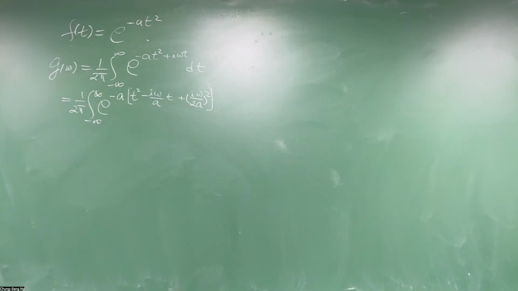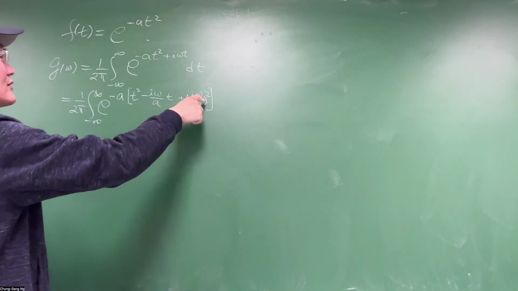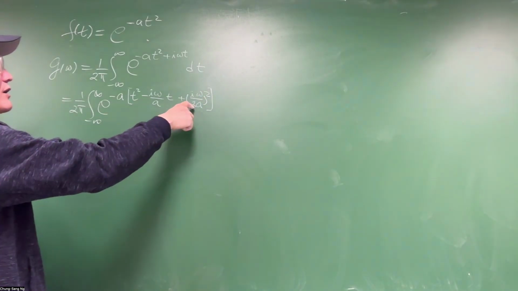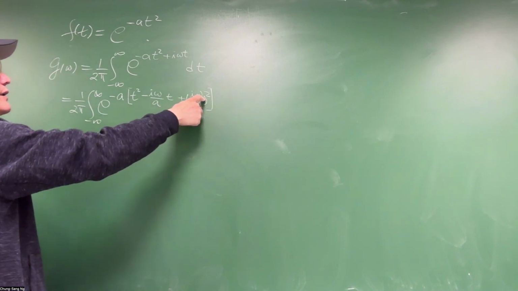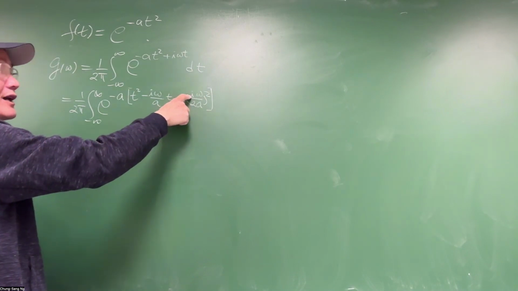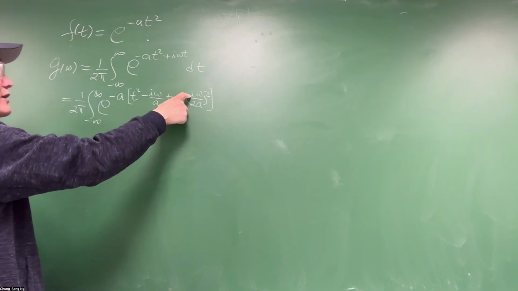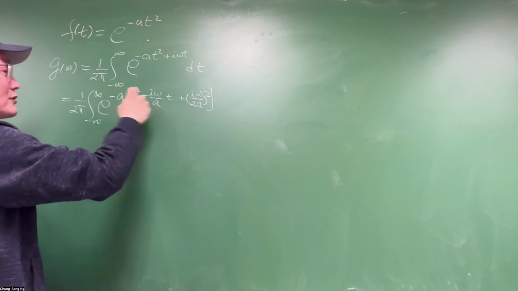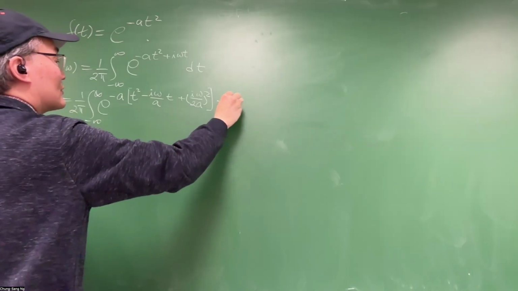That will make the complete square, right? And then you need to subtract whatever this is. And this is omega over 2a, the whole thing squared, with a negative sign because i times i is negative. i squared is negative, and negative, positive, so you need to subtract that.